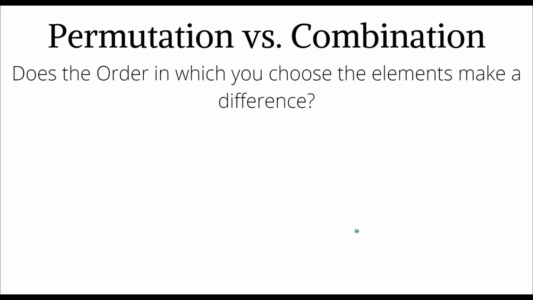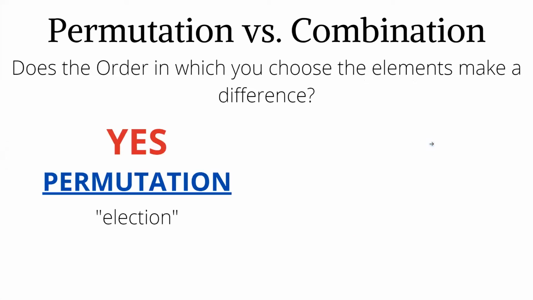Okay, so when we look at permutations versus combinations, the important question here is, does the order in which you choose the elements make a difference? Okay, so if you answer that yes, it does make a difference, the order that you choose these elements, then you are looking at a permutation. And this is going to be like the election problem, where you are electing those different positions.